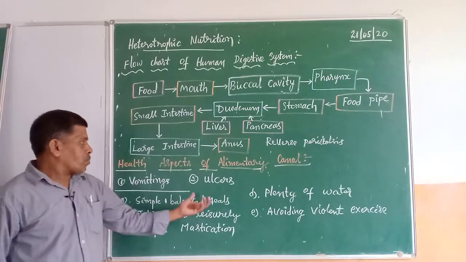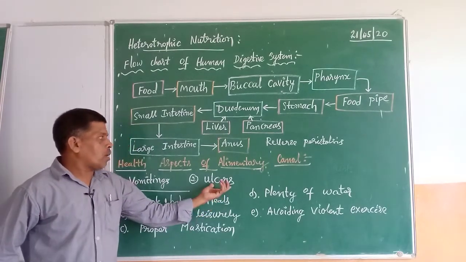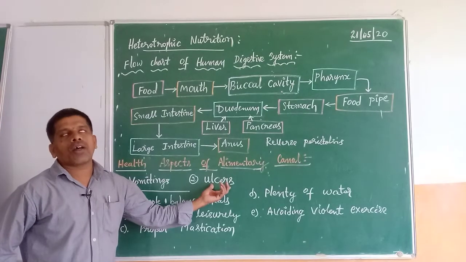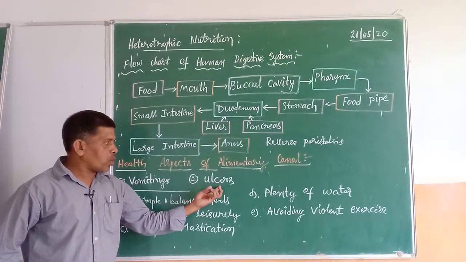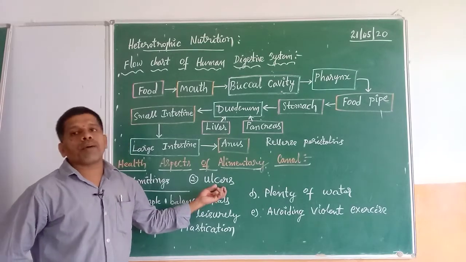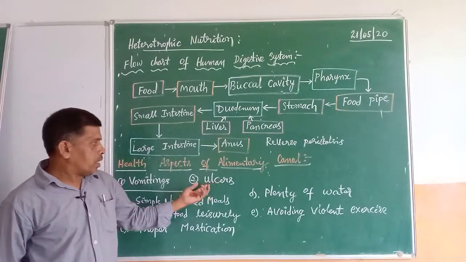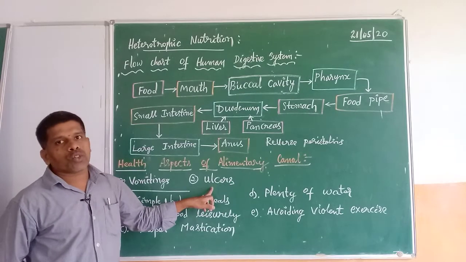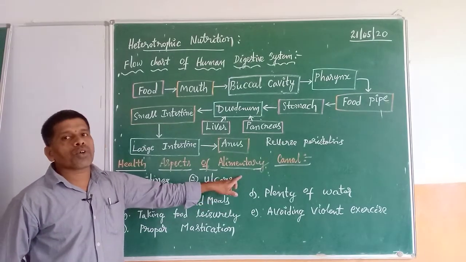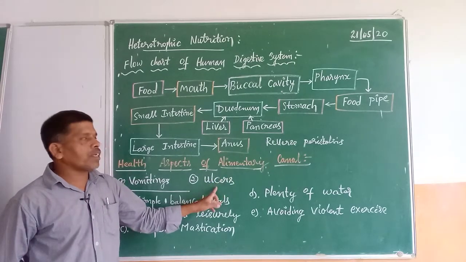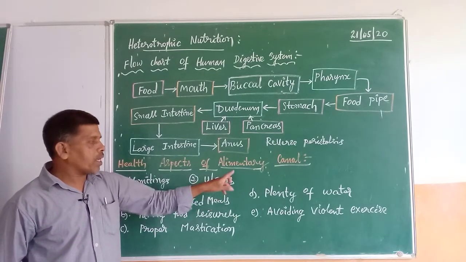Then the second problem related to the alimentary canal or human digestive system is ulcers. Ulcers mainly occur because of not taking food at the proper time. Acidity leads to ulcers. What happens in ulcers? The mucous membrane in the different organs of our digestive system gets damaged.